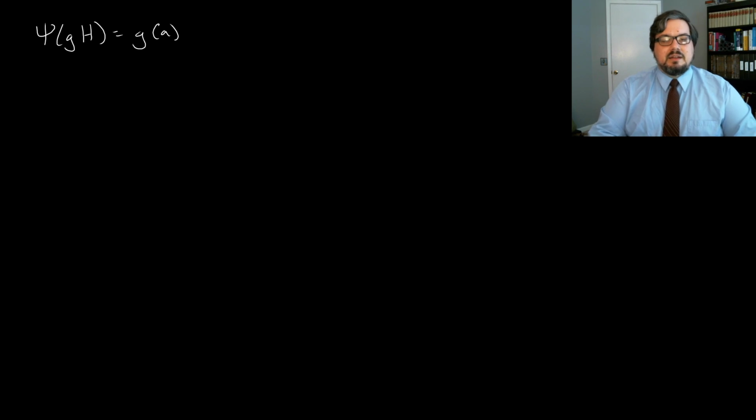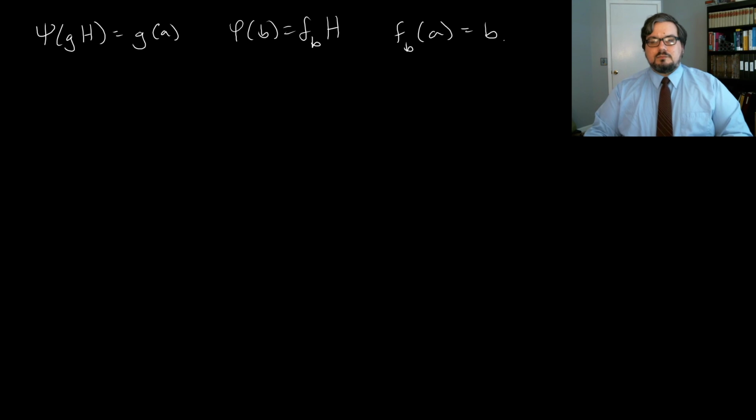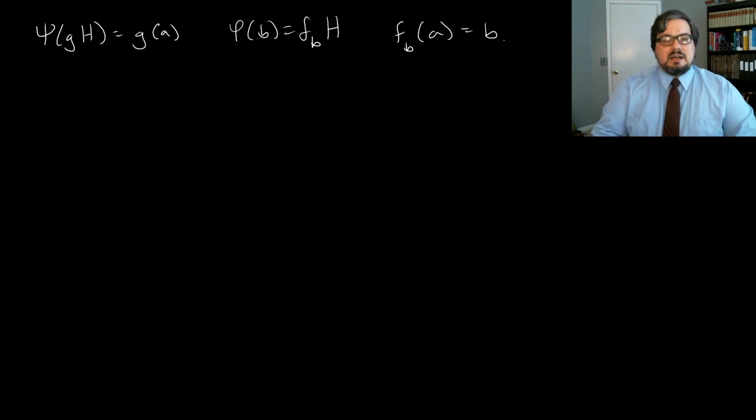So recalling the definitions, we have psi(gH) is equal to g(A) for any g. We have phi(b) is equal to f_b H, and the definition of f_b is that f_b(A) equals b. Let's show that these two are inverses. So let's take phi of psi of gH, or let's be slightly more precise here.